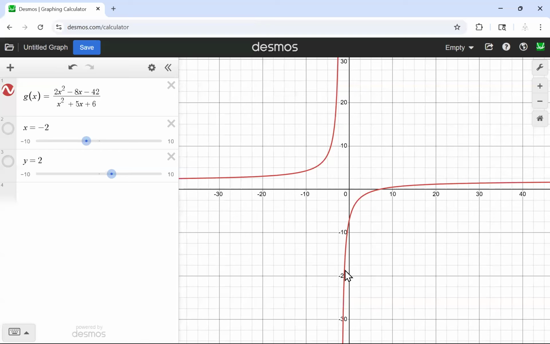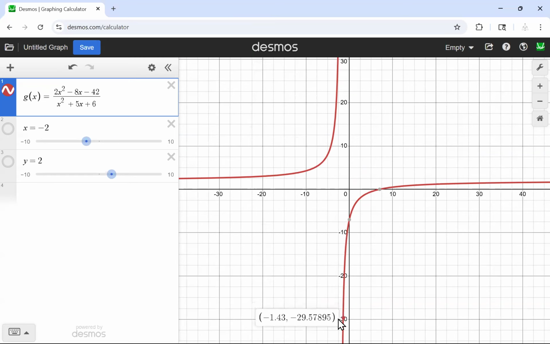If you graph this rational function, it kind of looks like a shifted version of 1 over x. Obviously not the exact same thing, but notice that as you go towards -2 on the left-hand side, you're shooting off towards positive infinity. On the right-hand side, you're shooting down towards negative infinity.